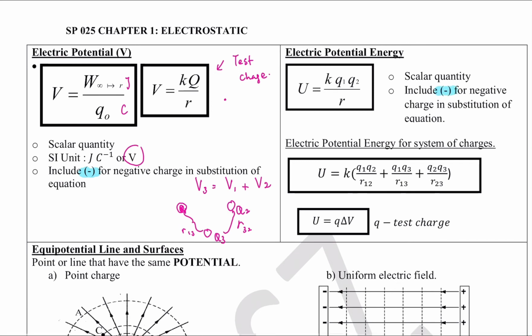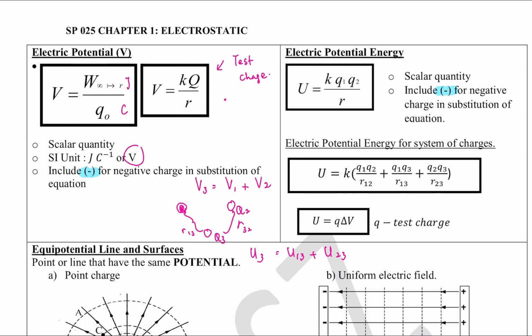So you tambahkan saja. Okay, dia dua soalan. Satu, kalau electric potential energy untuk contohnya macam ni kita Q1, Q2 dan Q3. Okay, soalan pertama, kalau dia minta U3, electric potential energy at charge 3, so sama dengan U13 plus U23. Means that this is the interaction between charge 1 dan 3, interaction between charge 2 dan 3.